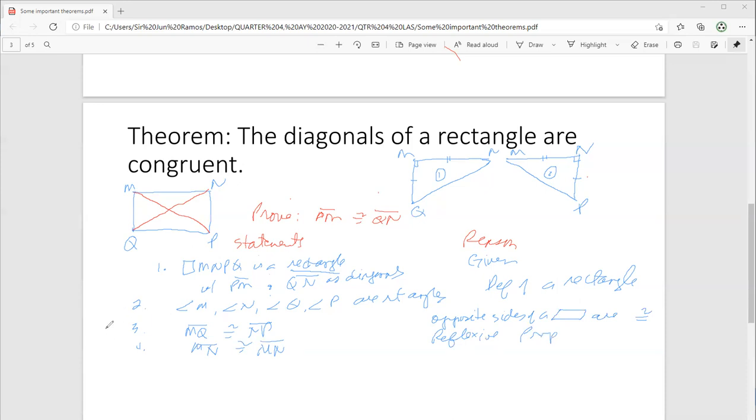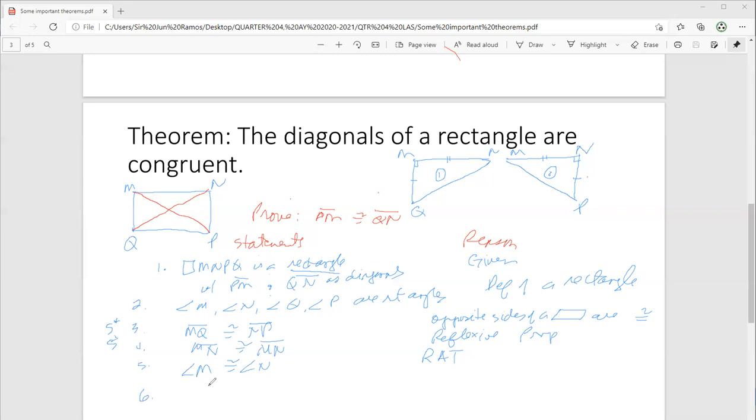Okay, so now we have this side here and this side, two pairs of corresponding sides congruent. We just need the included angle. The included angle here is angle M and angle N. So angle M here is congruent to angle N since both of them are right angles. So the right angle theorem says that any two right angles are congruent.